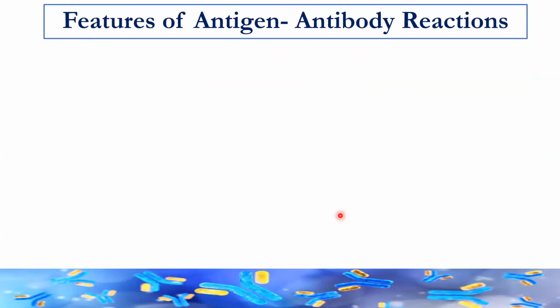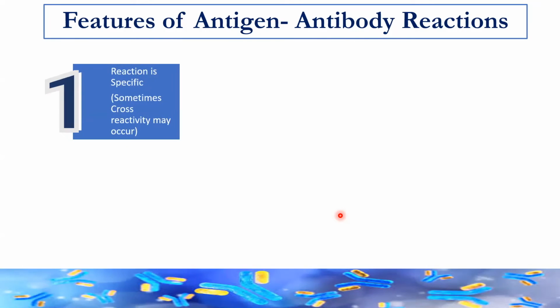Now, what are the features of antigen antibody reactions? The first feature is the reaction is specific. Of course, the antibody is basically targeted to the antigen, so the reaction is most of the time very specific.